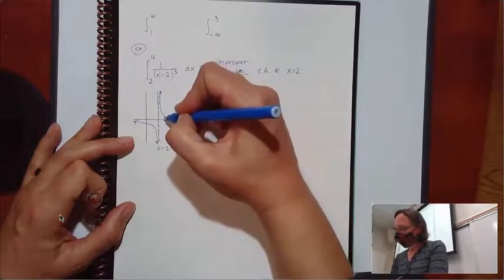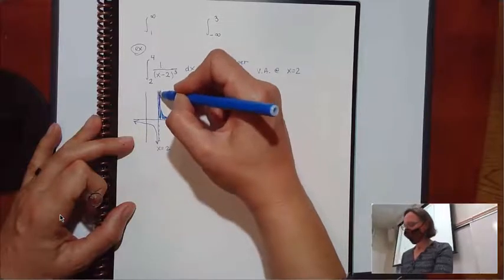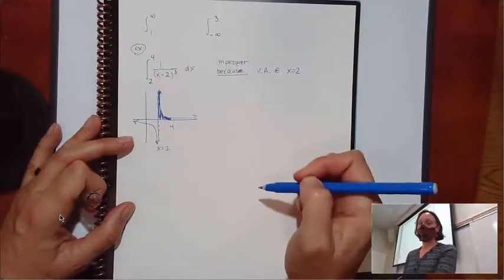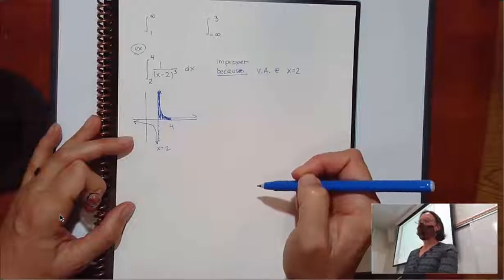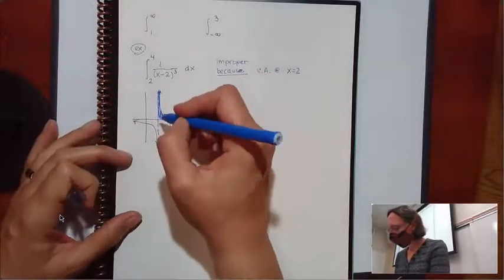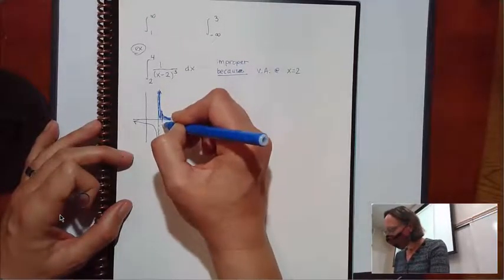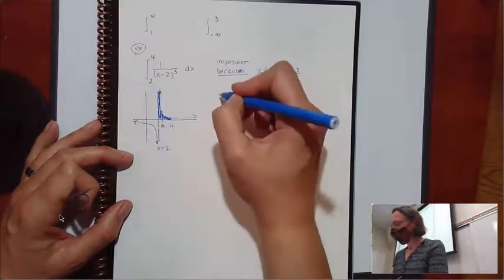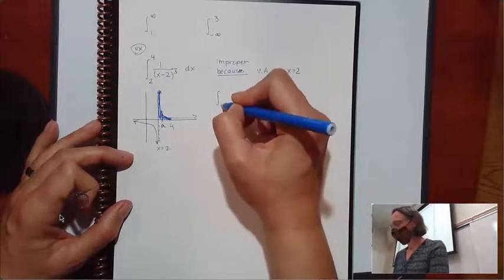So this area is not bounded because it's heading up towards that vertical asymptote. So to set this up as something that we can work with, we're going to build ourselves a wall. So I'm going to build myself a wall here at A, and I'm going to write my integral going from A to 4.